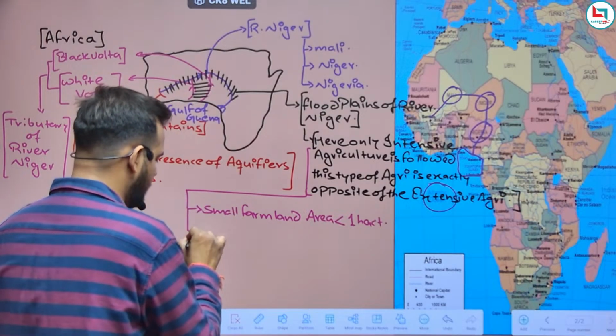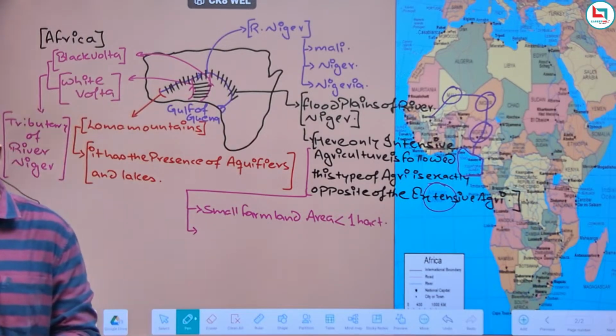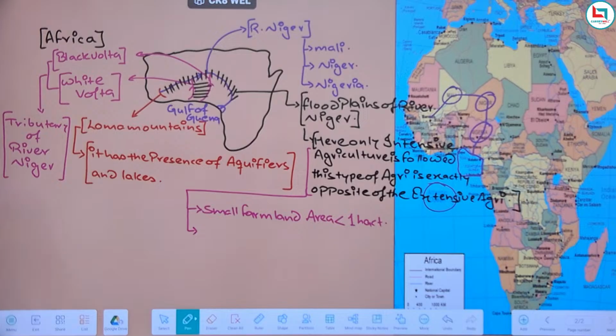Okay, this agriculture is mostly subsistence.